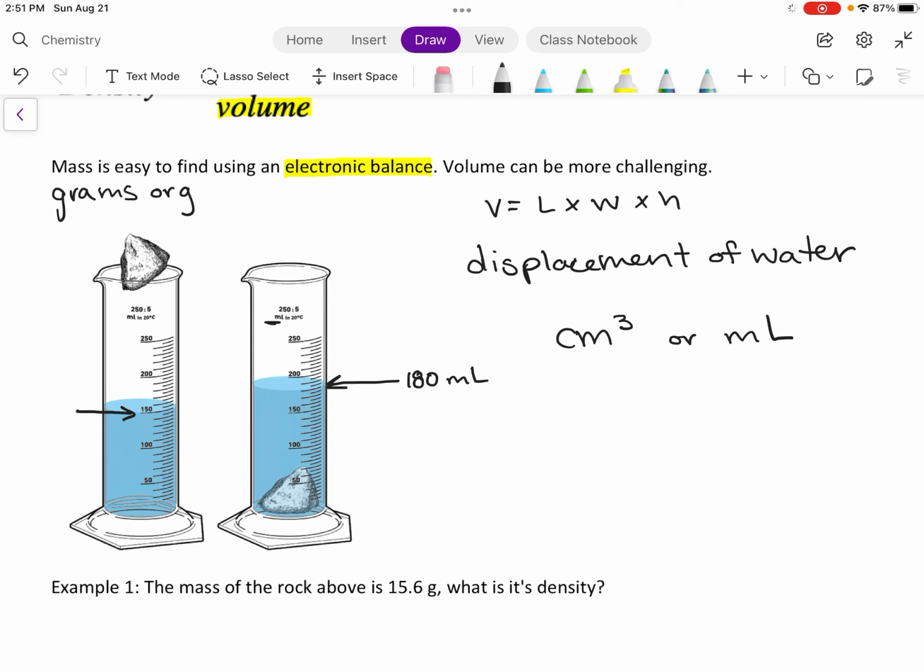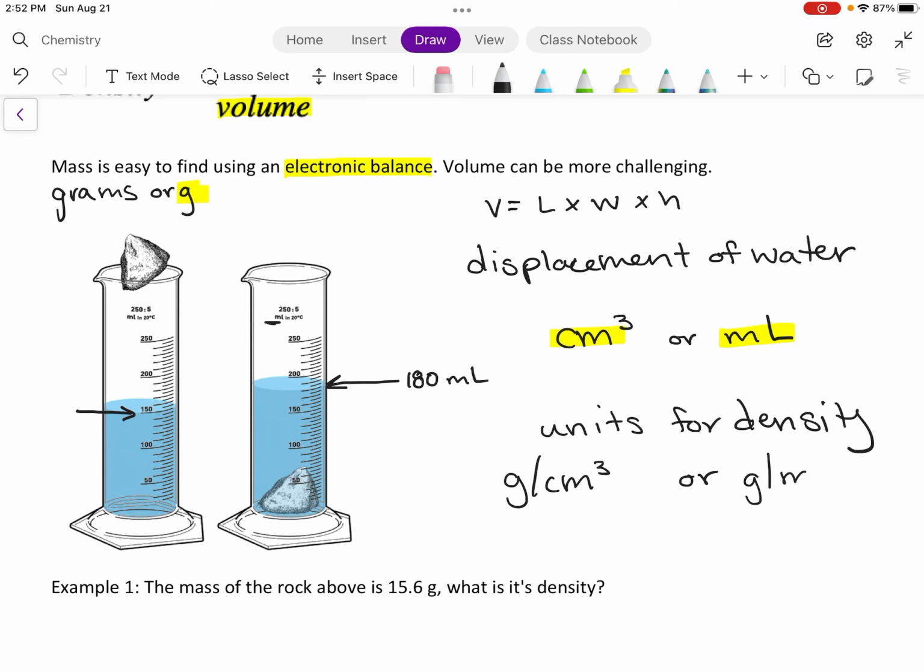So if our units for mass are grams and our units for volume are centimeters cubed or milliliters, that means our units for density is a combination of those two. So we say grams per centimeter cubed or grams per milliliter.